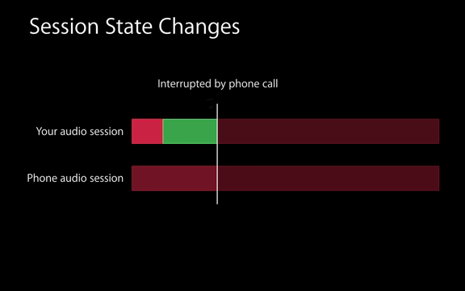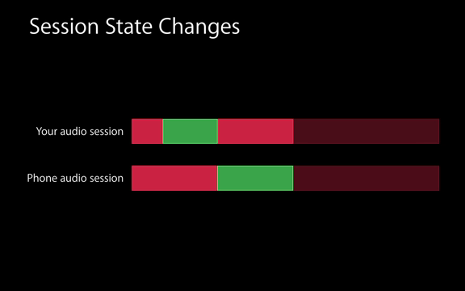So then the phone starts ringing. We get interrupted, the system sends us an interruption event. The phone's audio session becomes active and plays the ringtone, and the user decides to accept the call. So the phone's audio session stays active, and our audio session has been interrupted, so we're inactive.